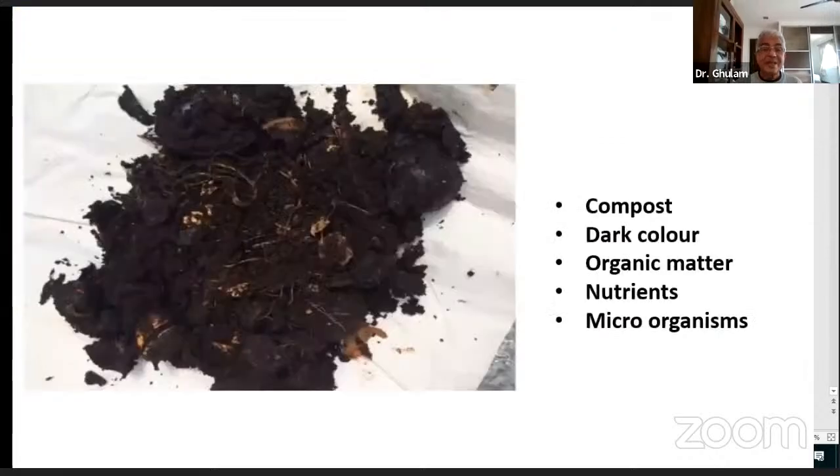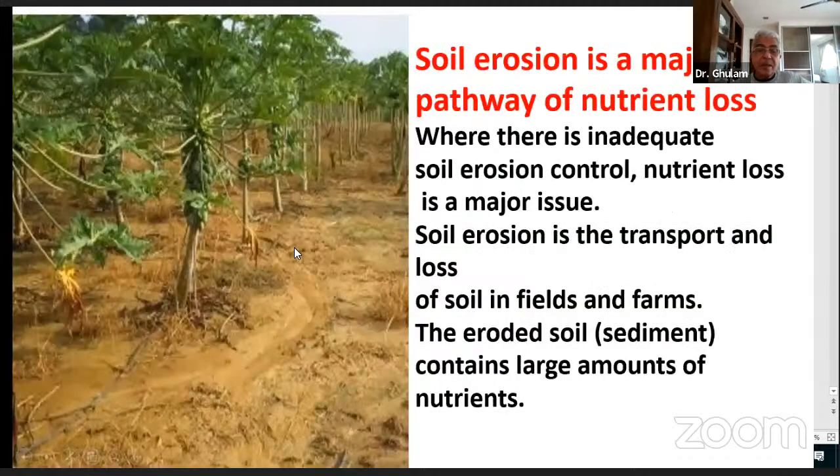So you may get something like this, a very good, well-formed compost, full of organic matter, nutrients, and even microorganisms. And when you apply it to the soil, the soil will be very happy. It will make the soil very fertile and with very good soil structure.